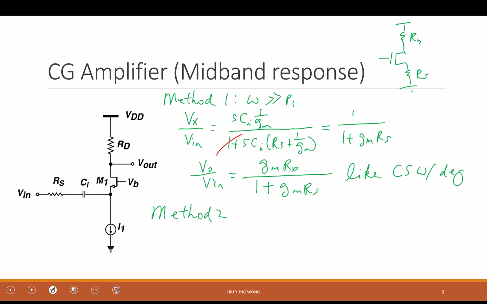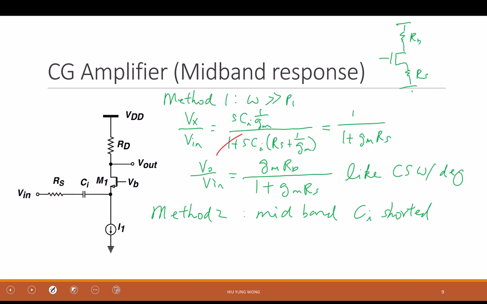Just another view, right? We can claim that, well, when I design the circuit at mid-band, C1 is shorted. It is exactly the same as what we are assuming here. When the frequency is high enough, this is shorted, okay?